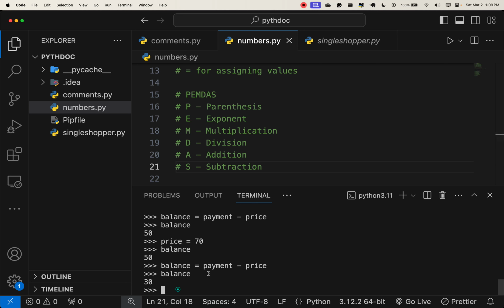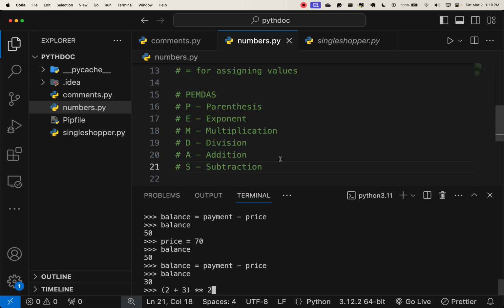Say for instance, we have this program where we have 2 plus 3, like we had the other time. And we also have this raised to power, which of course is exponent, and say we have raised to power 2. In the context of PEMDAS, Python looks at this place and says, okay, we have to solve these first.